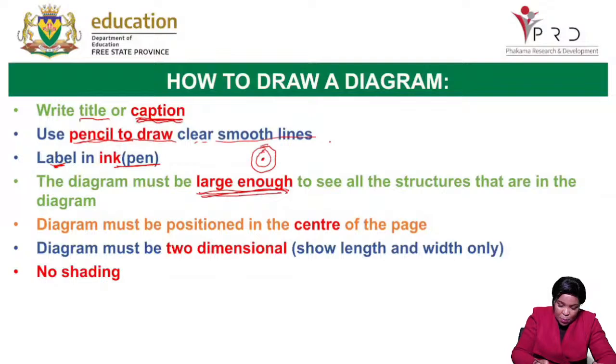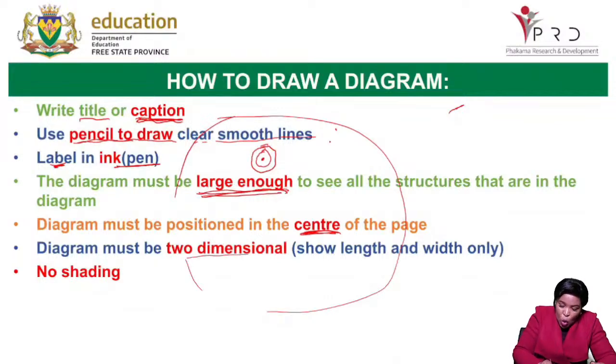Don't spare the space. Then the diagram must be positioned in the center of a page. So you don't draw your diagram here or what. It must be at the center of a page. And then it must be two-dimensional. It must show the length and the width, and you do not shade. No shading at all. It must be clear. And let's go back to the pencil lines.